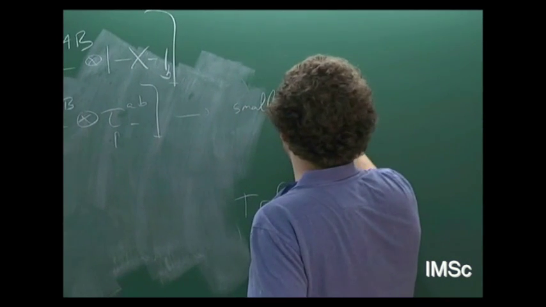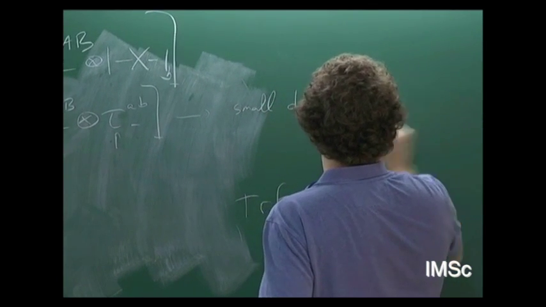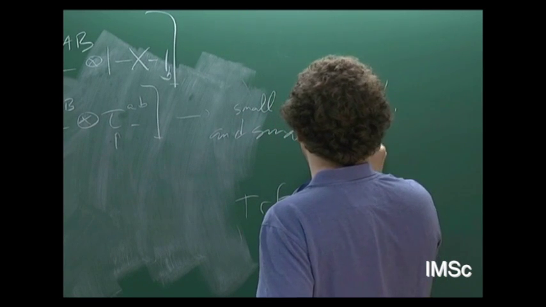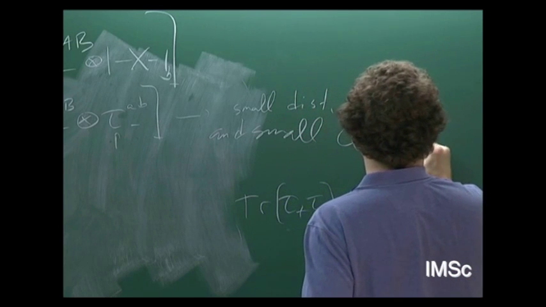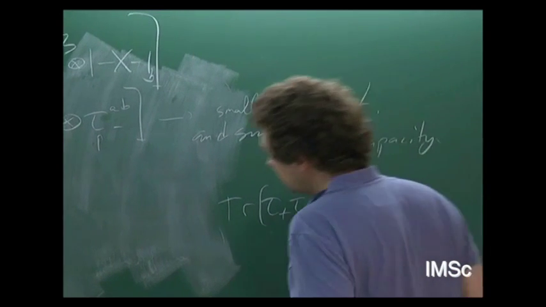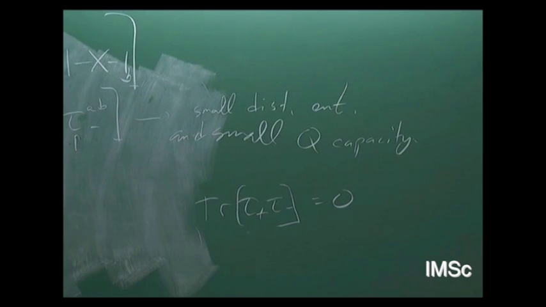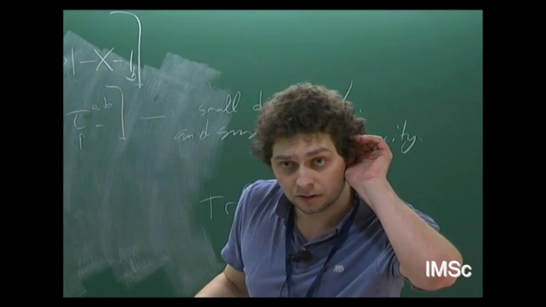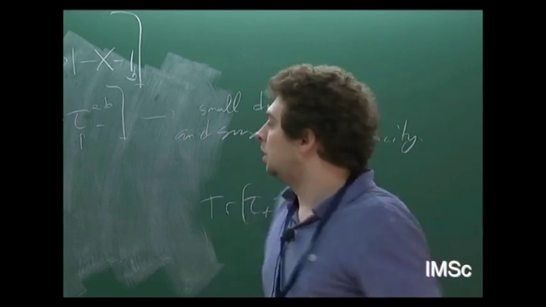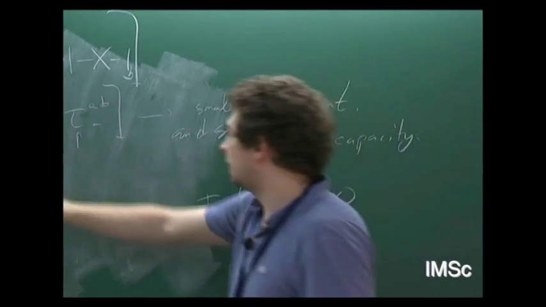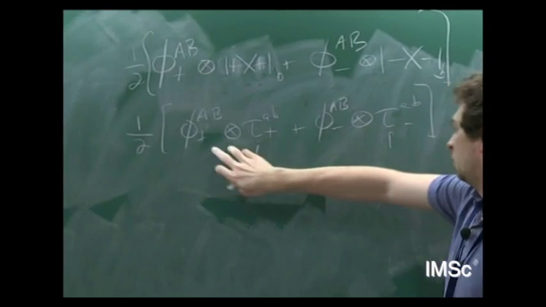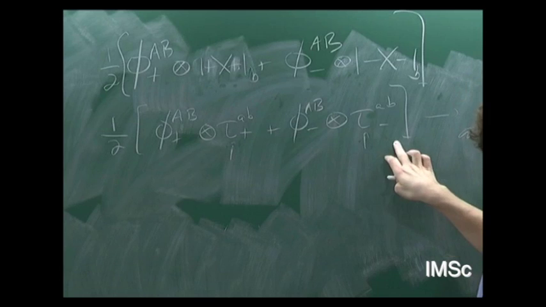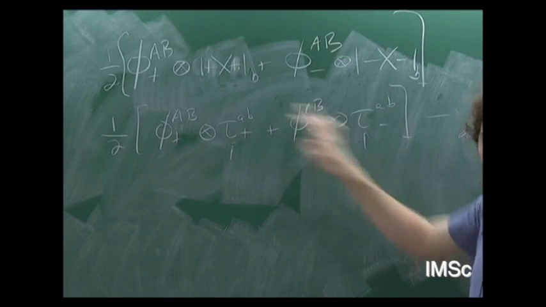So this is going to have small distillable entanglement and small quantum capacity. That's not a proof, just an intuition: the best thing most people can think of is trying to distinguish tau plus and tau minus, and you can't do that very well locally.